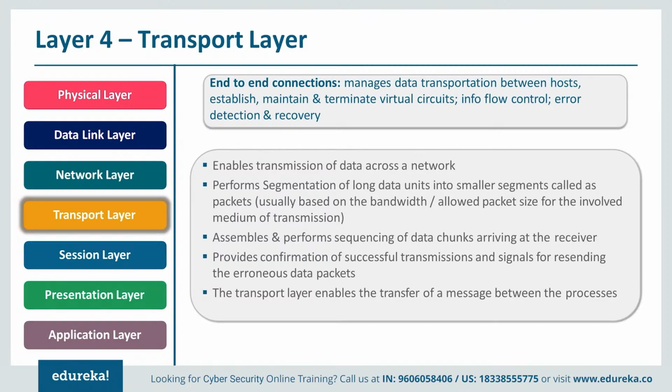This is the one that maintains host establishment, network creation, or creating a virtual terminal. Those specific tasks are taken care of by the transport layer. It is also a major portion, because in the transport layer, network layer, data link layer, and physical layer, the exact data chunks are getting more squeezed or broken down. Every layer breaks things into smaller segments and sends them to the next layer.